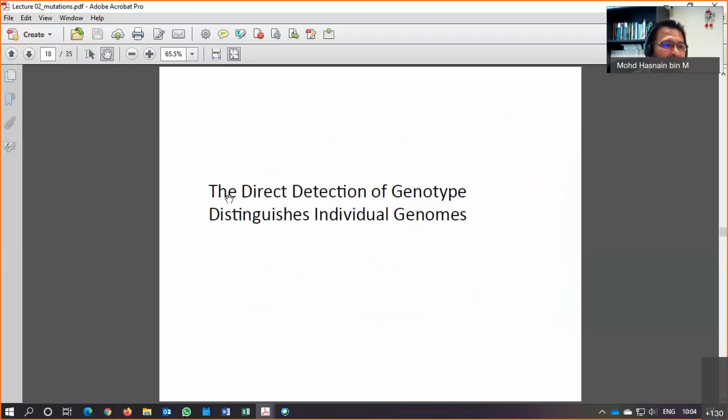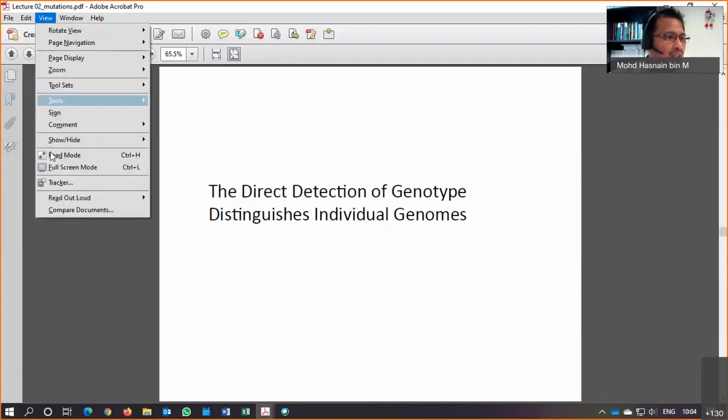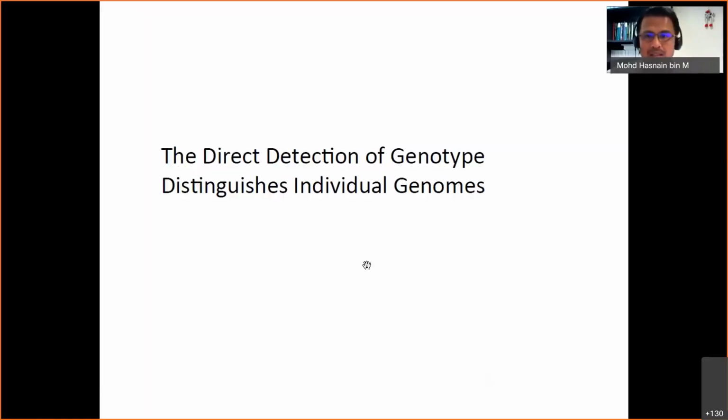All right, the direct detection of genotype distinguishes individual genomes. I have mentioned just now that mutation can occur in various places on the chromosome.